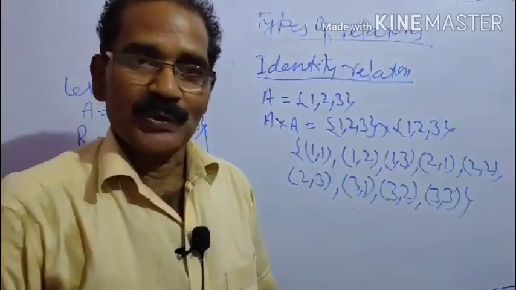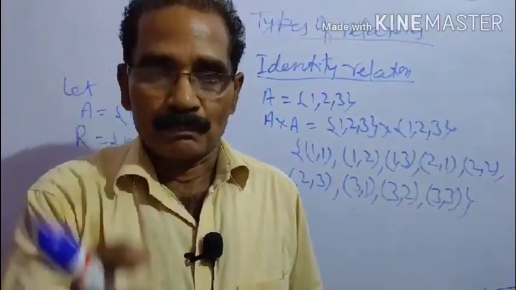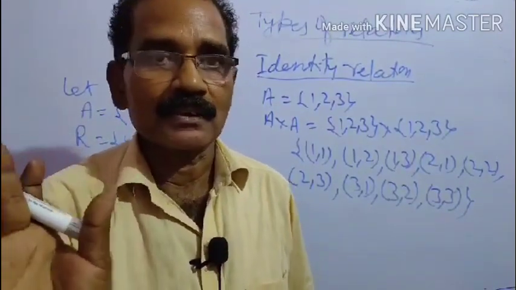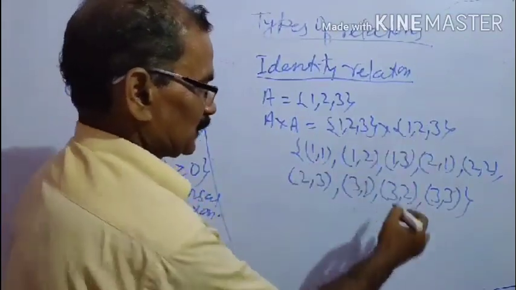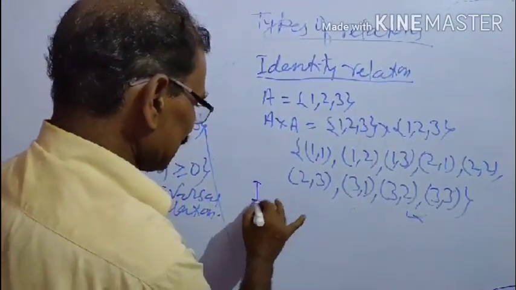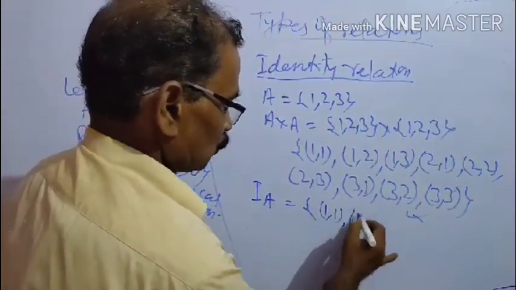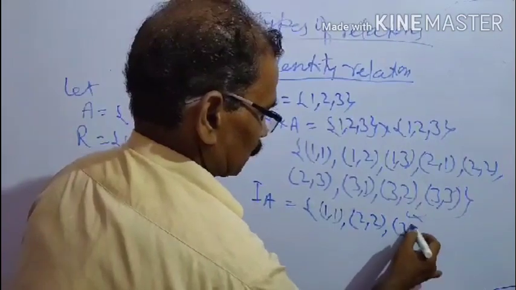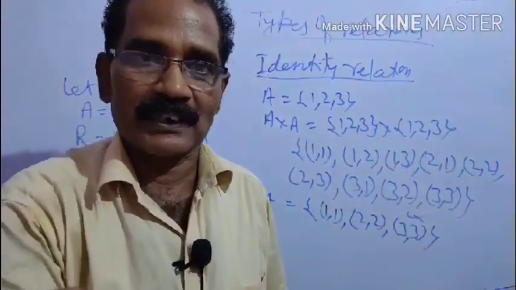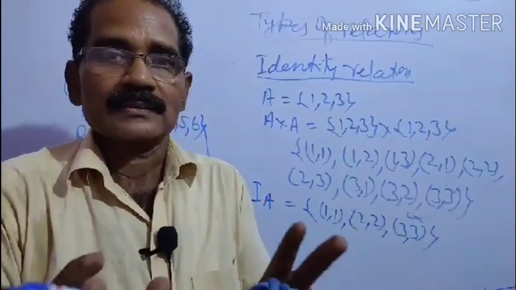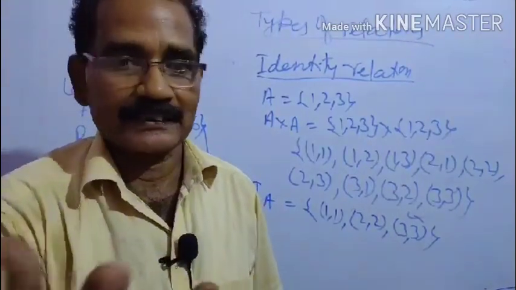Now we hope that you are very familiar with making a Cartesian product. So A cross A is equal to this. And identity relation I_A is equal to {(1,1), (2,2), (3,3)}. It means we take such ordered pairs in which both the entries are the same, that is doublets.